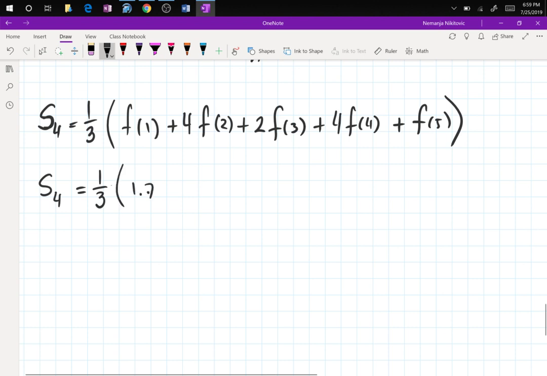It was 1.7 plus 4 times... Oh, actually, I have it here on my chart. 5.7, so 4 times 5.7 plus 2 times 14.4.